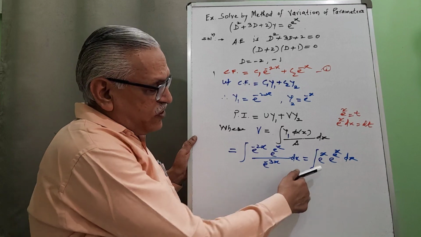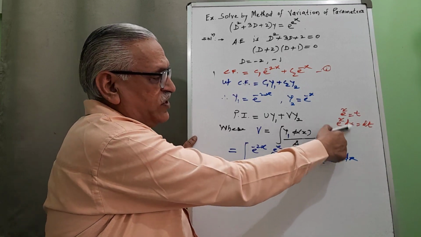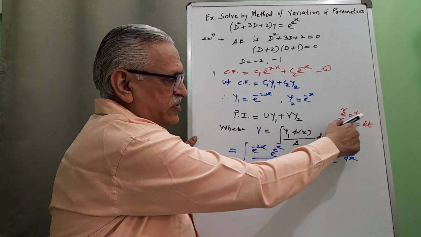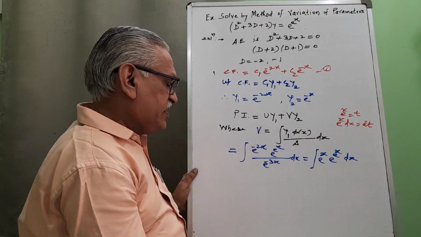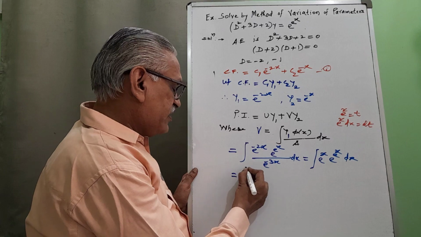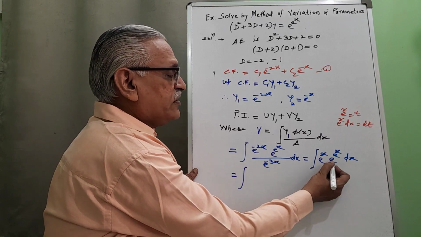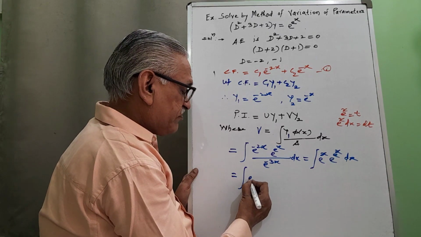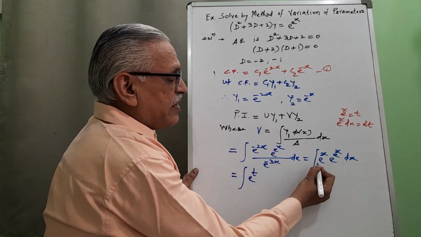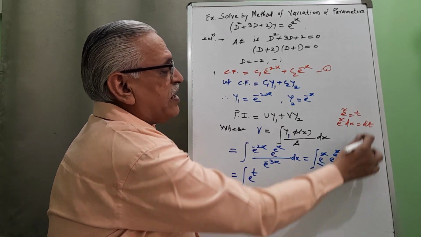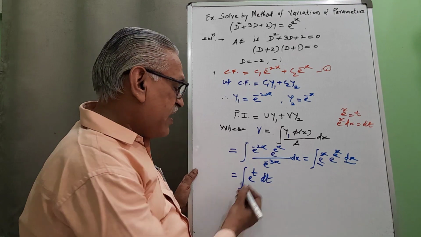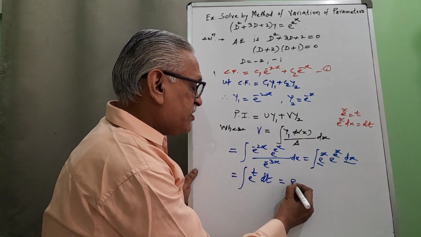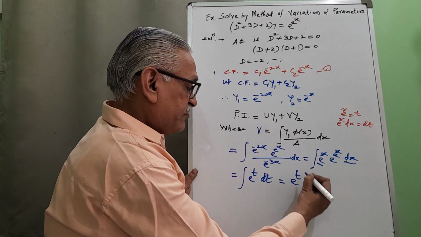dx. And to evaluate this integral, once again we use the same substitution, e raised to x as t, its differentiation is e raised to x dx as dt, and therefore that integral becomes integral of e raised to t, and its integration with respect to t is e raised to t.